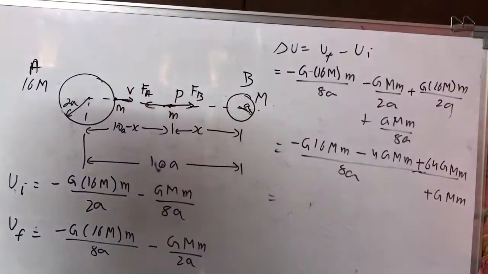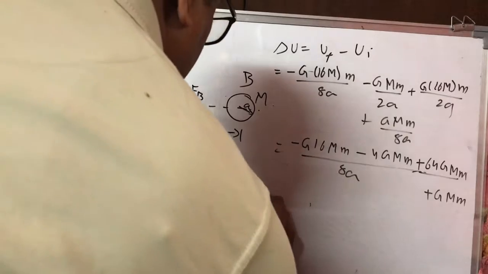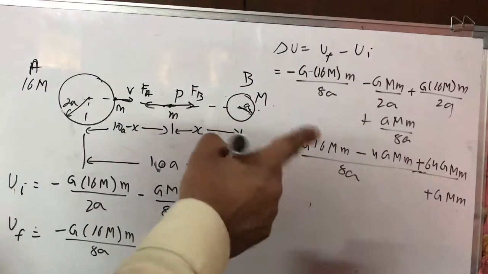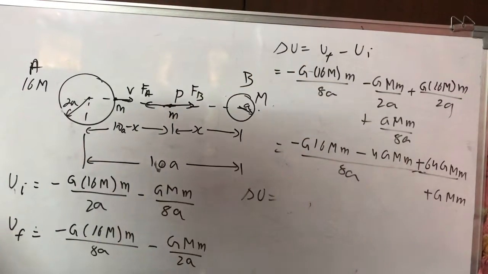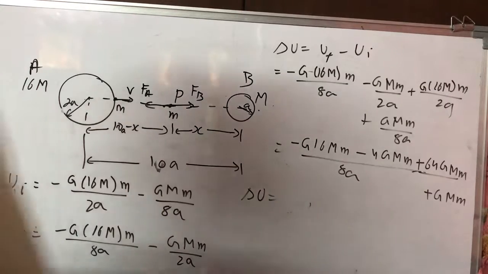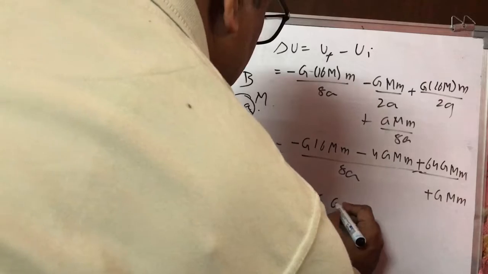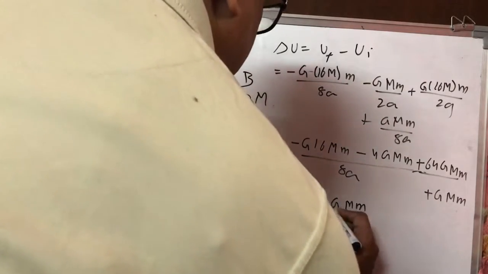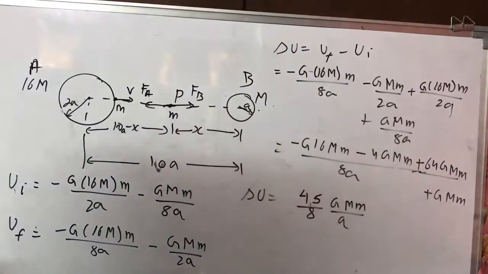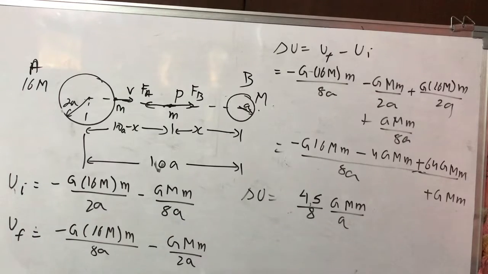So this will give you the change in potential energy. 64 plus 1 is 65, and 16 plus 4 is 20. 65 minus 20 is 45. So 45 by 8 into G into capital M into small m by a. This is the change in potential energy.